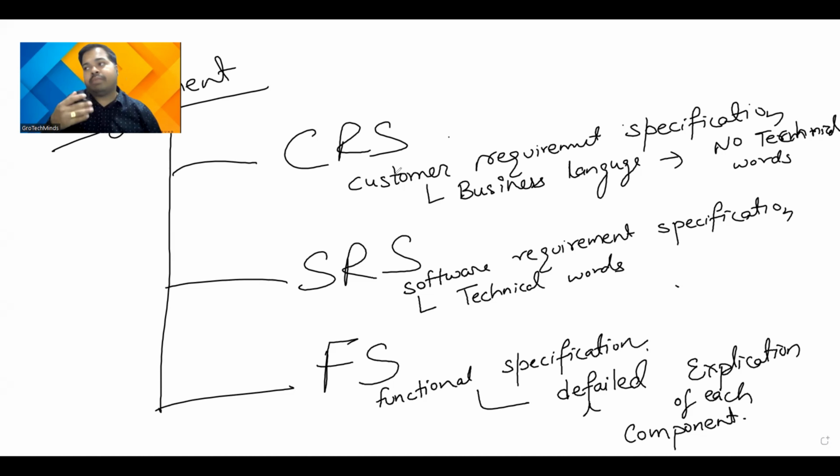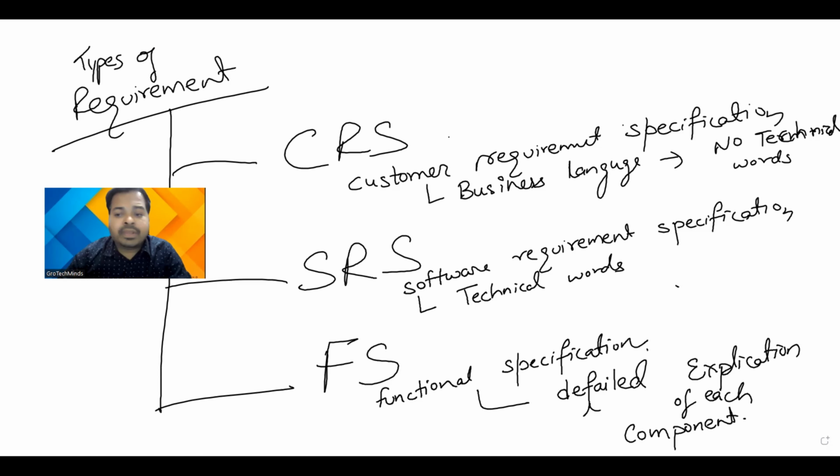So it can be the duty of your business analyst or product manager to convert it into a decent language called software requirement specification, because that will have technical words. And finally, you will have the functional specification, which gives a very detailed form of your requirement. Try to answer my question: whenever you're working as a tester, what kind of requirement do you think you will need to test the application beautifully?